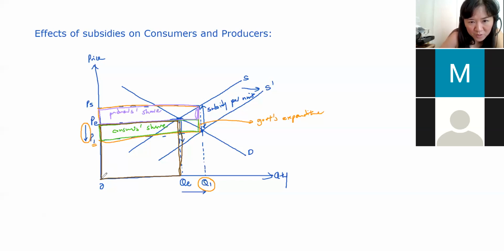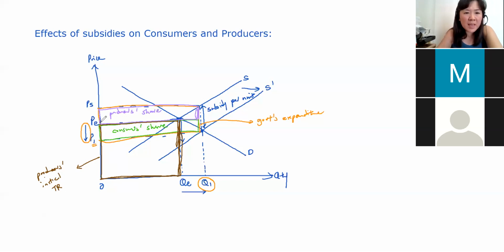Agree? So this brown area here is the producers' initial total revenue, P times Q, PE times QE, prior to the subsidy.